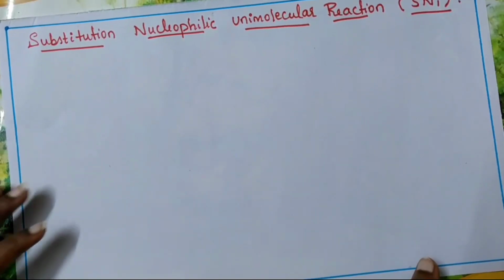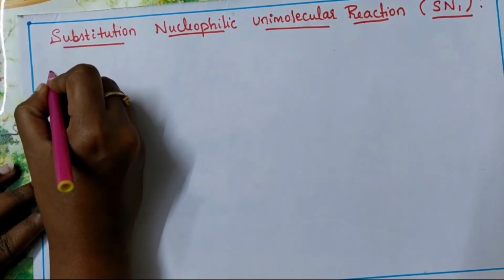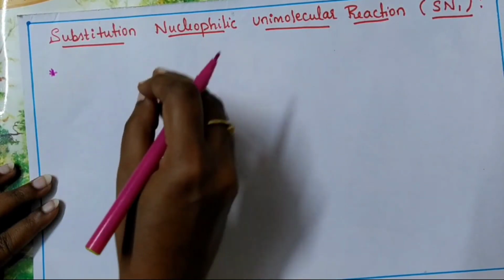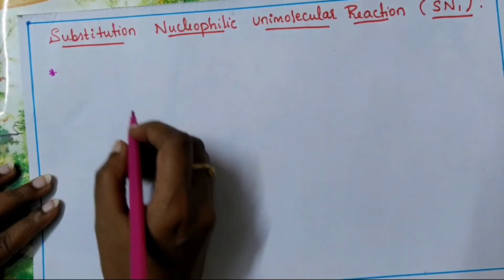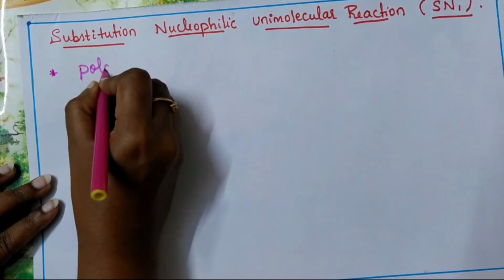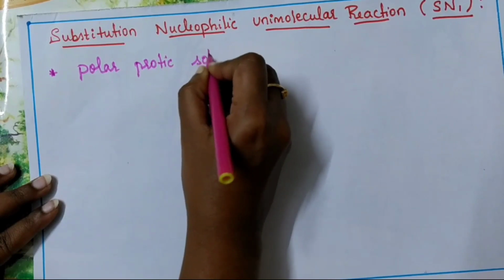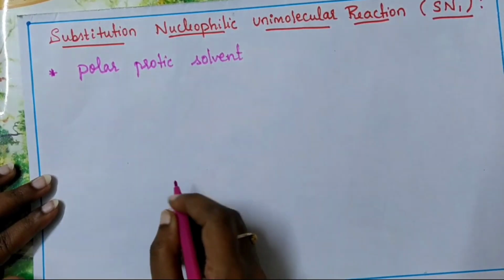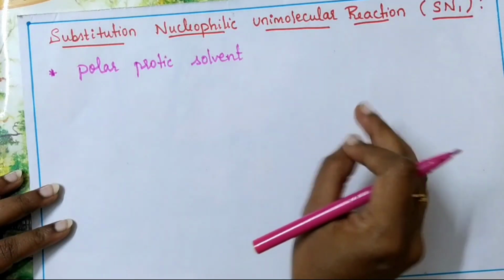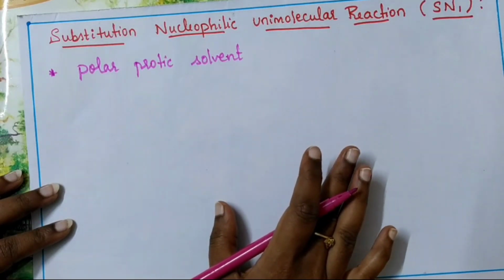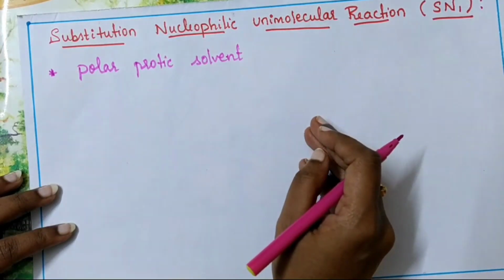Okay, so now let us see the factors. The first condition or factor which is important for this reaction is that the reaction must take place in the presence of polar protic solvent. If there is no polar protic solvent, then the SN1 reaction does not take place. Okay, this is the most important requirement so that the reaction can take place.